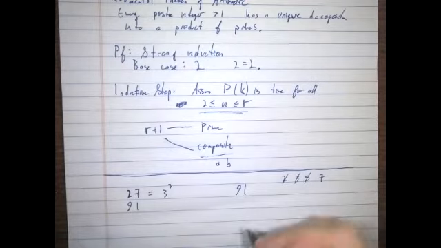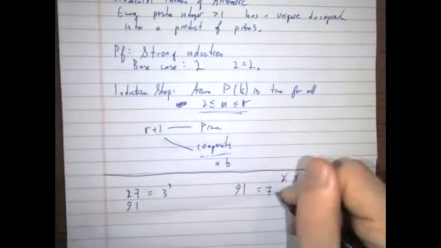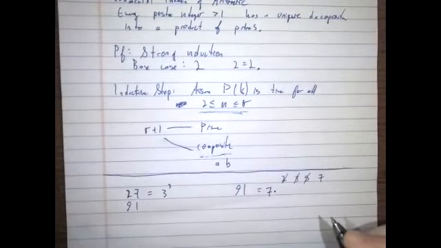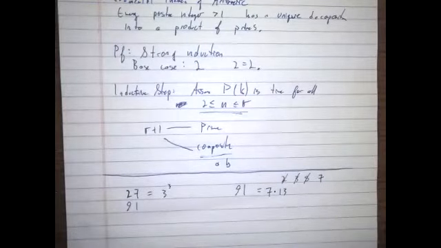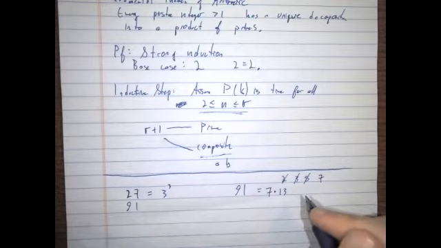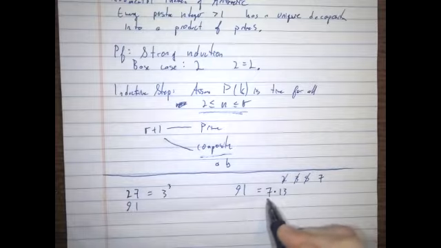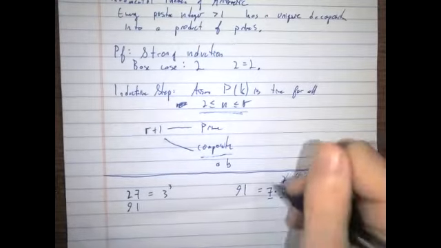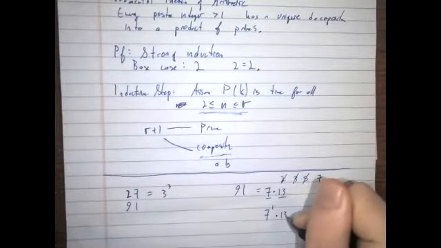It's divisible by 7. Great. So 91 is equal to 7 times 13. Is that true? Aha, beautiful. So 91 is equal to 7 times 13, and we have the prime factorization of 91, because indeed both of these are primes. So really I can think of this as 7 to the 1 times 13 to the 1.